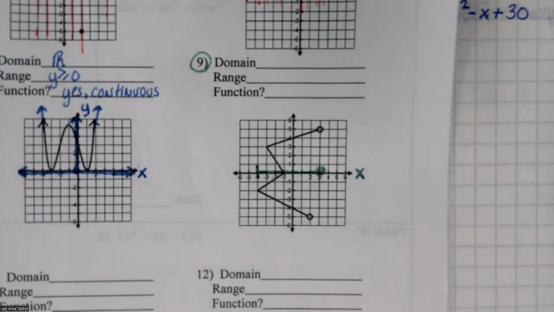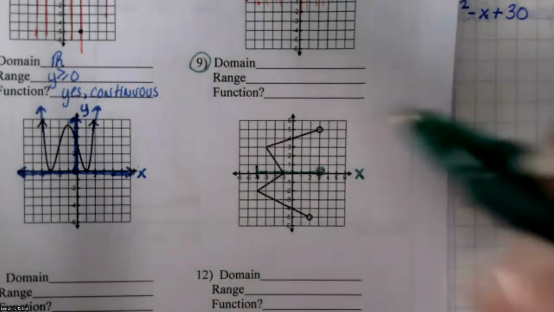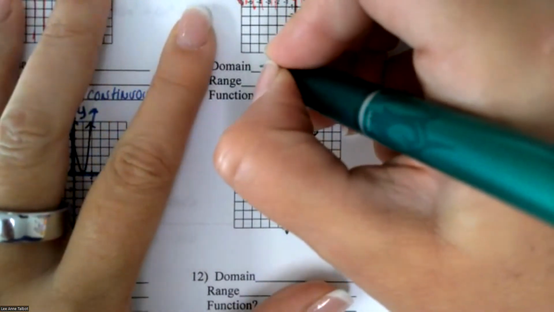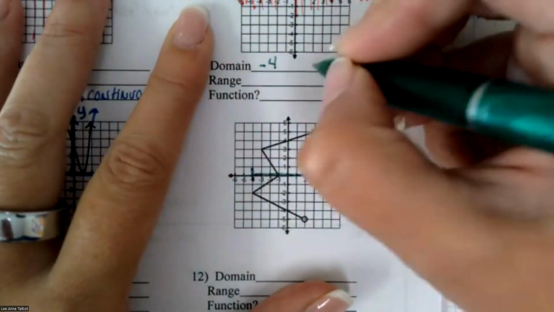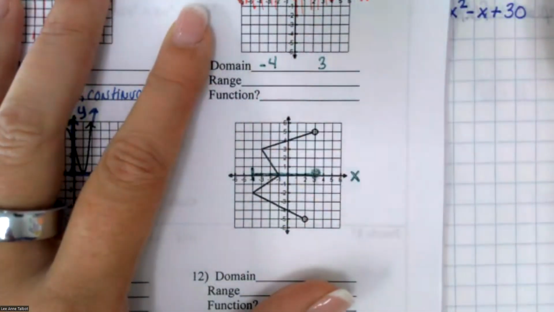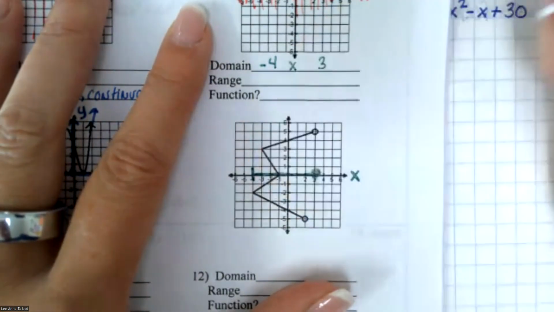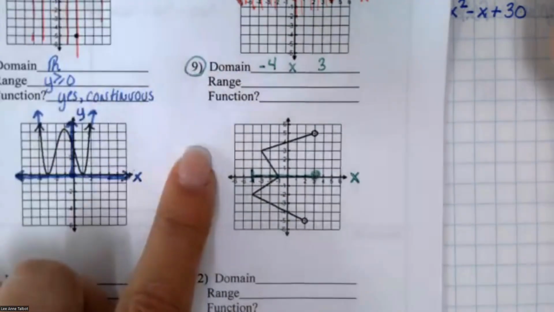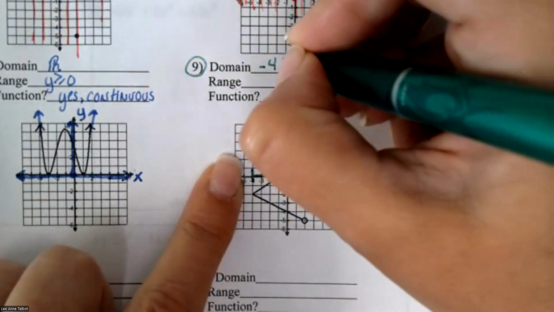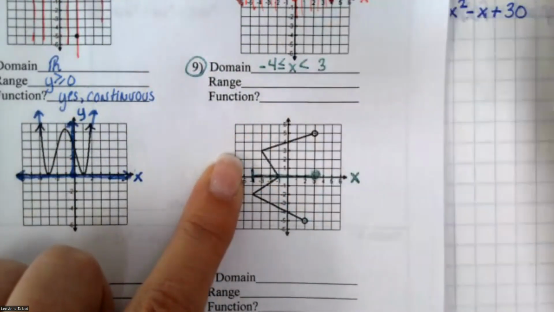So I'm gonna put an exaggerated open circle there on my x-axis. So this is my far left, this is my far right. -4 to 3. X because it's domain. Closed on this side because it actually touched, and open on that side.